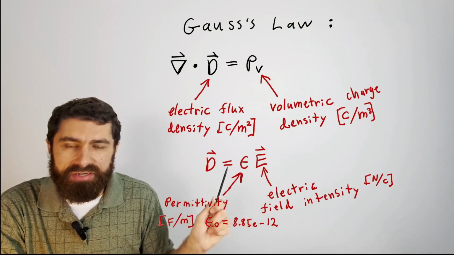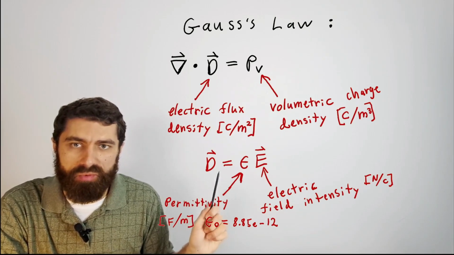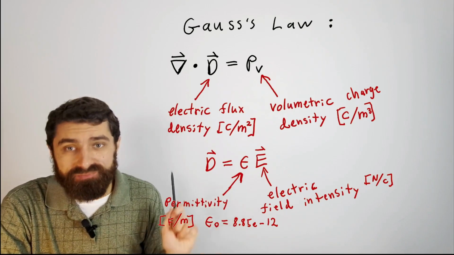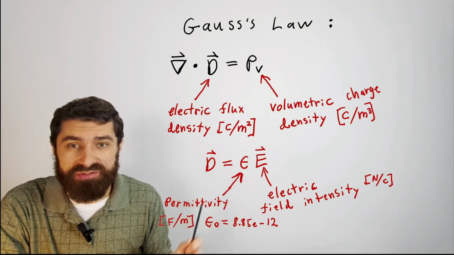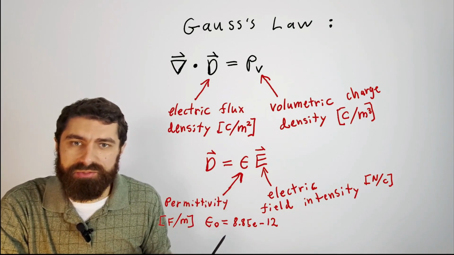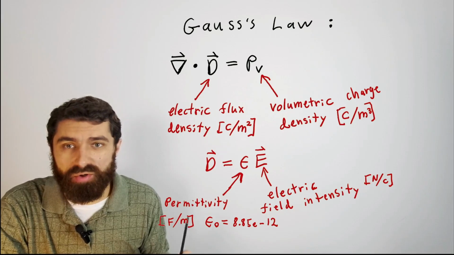The permittivity depends on what kind of material you're working with at the point in space in question. If you're working in free space, then we call that epsilon 0, and that's equal to 8.85 e to the negative 12 farads per meter.